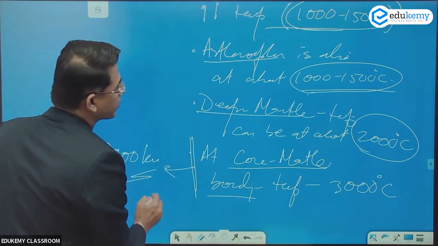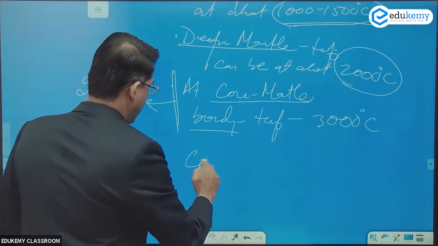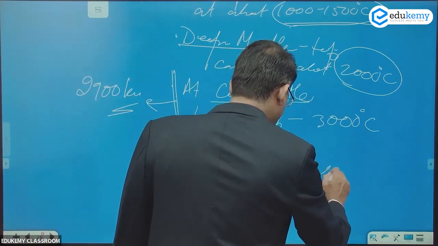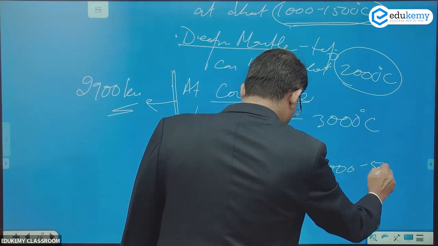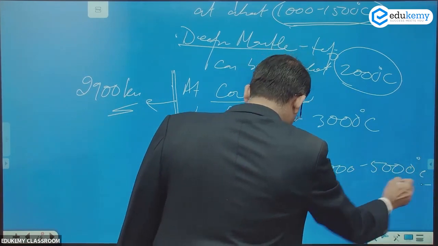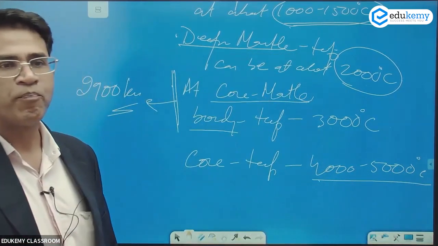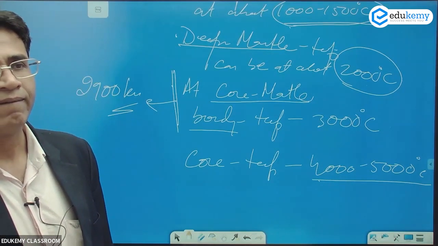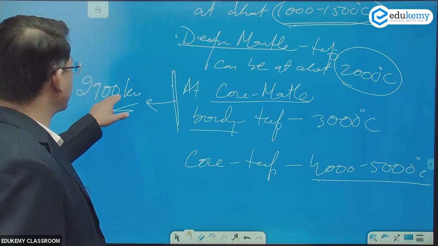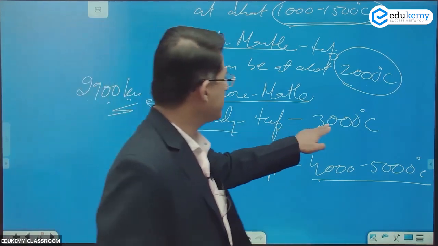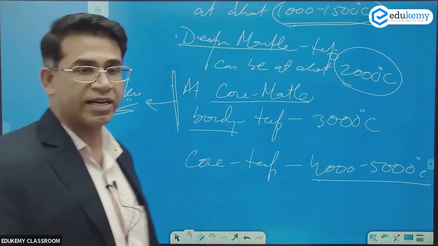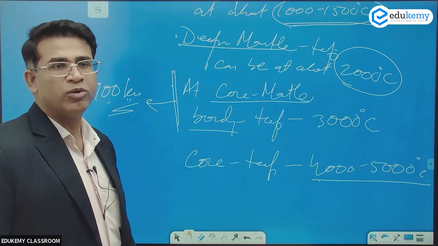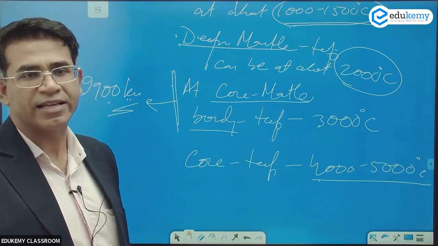And finally, if you're looking at the core, the temperatures can be approximately 4000 to 5000 degrees centigrade. At 2900 kilometers depth the temperatures are 3000 degrees centigrade, whereas the core temperatures can be 4000 to 5000 degrees centigrade.